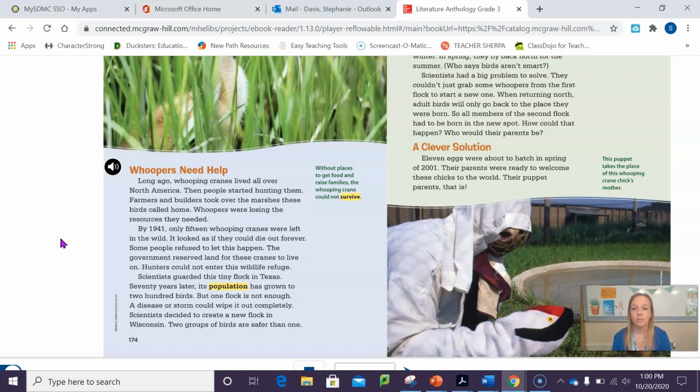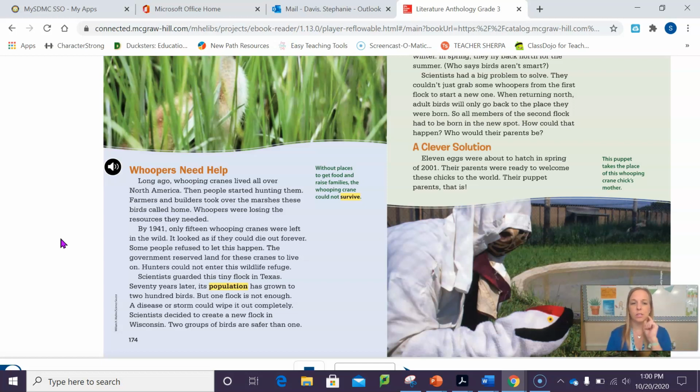Hunters could not enter this wildlife refuge. Scientists guarded this tiny flock in Texas. 70 years later, its population has grown to 200 birds. But one flock is not enough. A disease or storm could wipe it out completely. Scientists decided to create a new flock in Wisconsin. 2 groups of birds are safer than one.